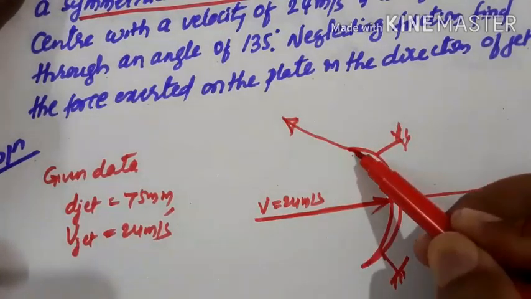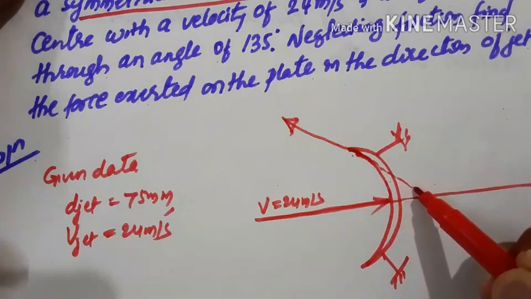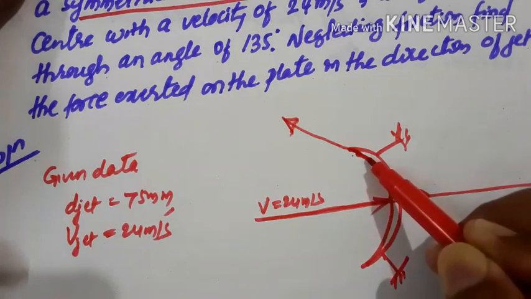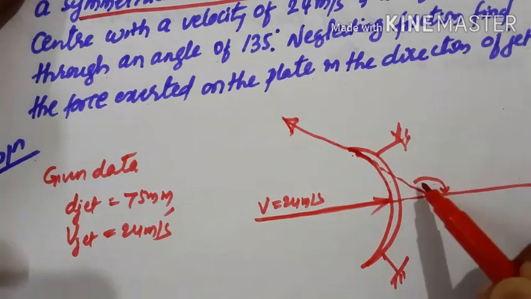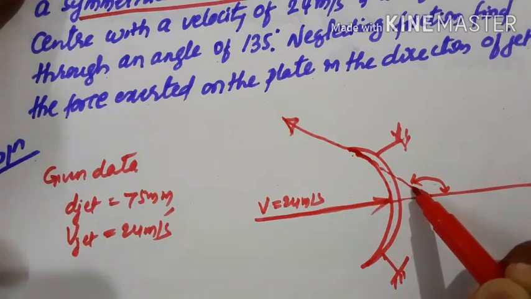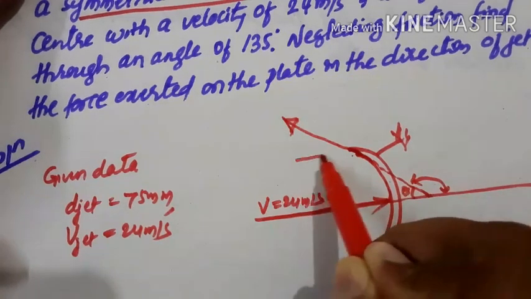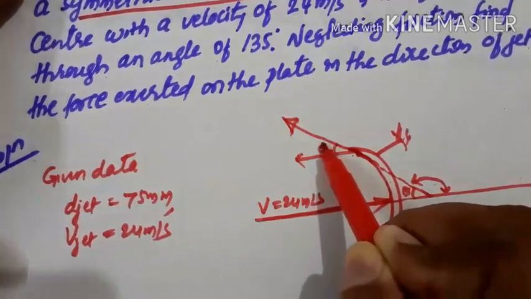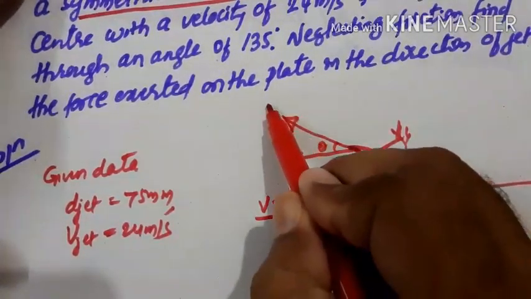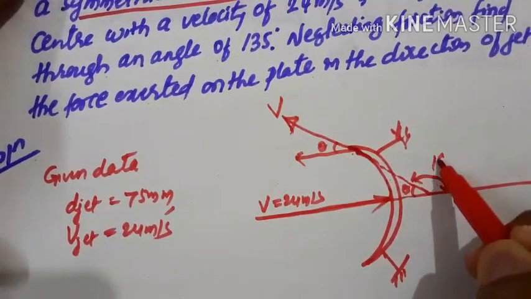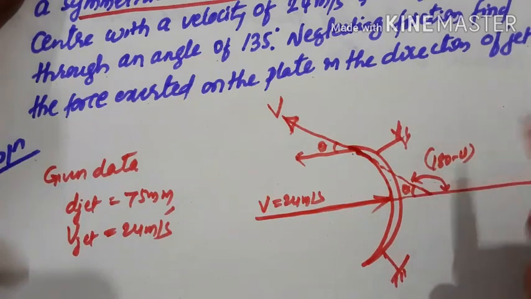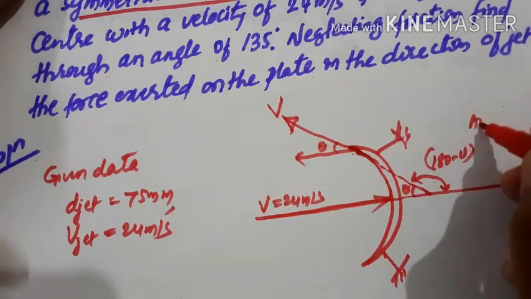Okay, so here when you draw it back tangent to the curve, this angle is theta, and again this angle is theta, and this is velocity v. This will be 180 minus theta, which is the angle of deflection.